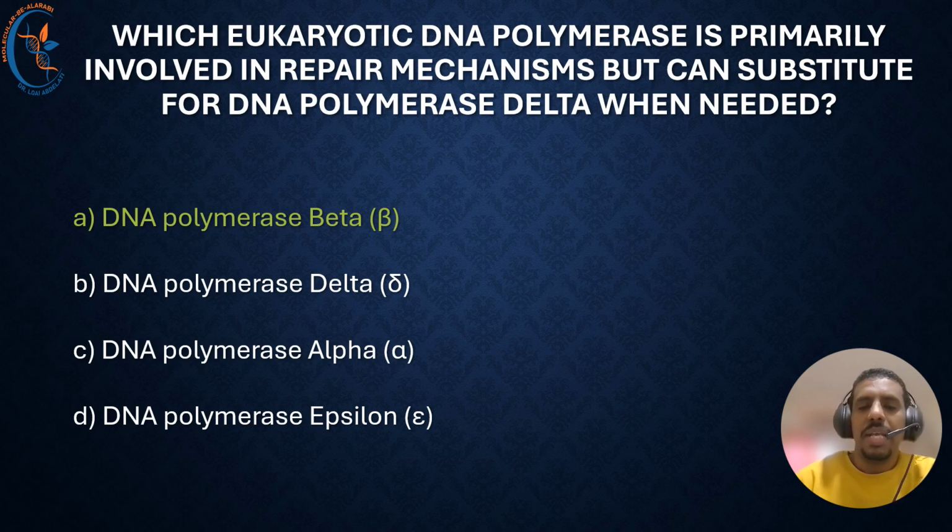All right, a mechanism for repairing damaged bases in DNA. While its main role is in repair, under certain conditions it can perform functions complementary to DNA polymerase delta, particularly in filling gaps during the repair process. This versatility allows it to act as a substitute for DNA polymerase delta in a specific context. Alright, let's move to the next question.